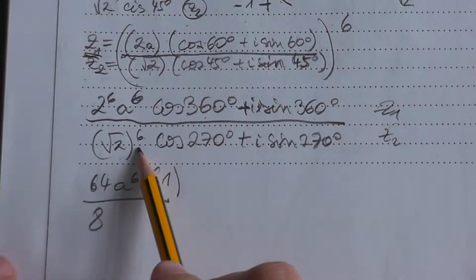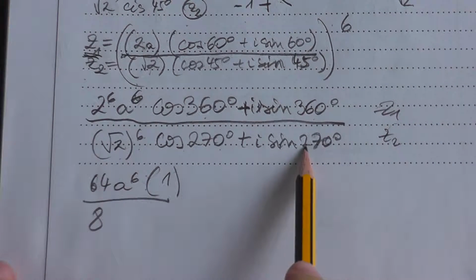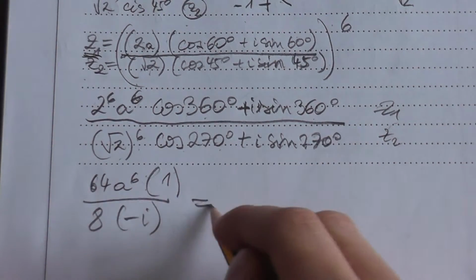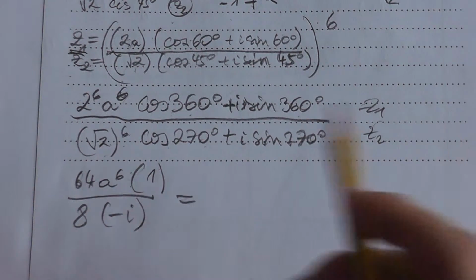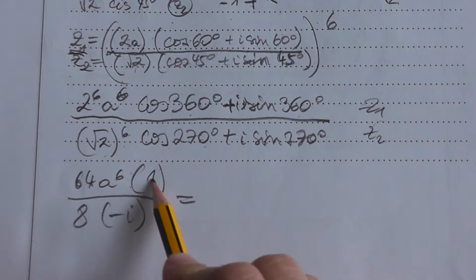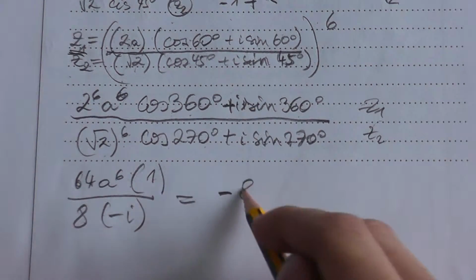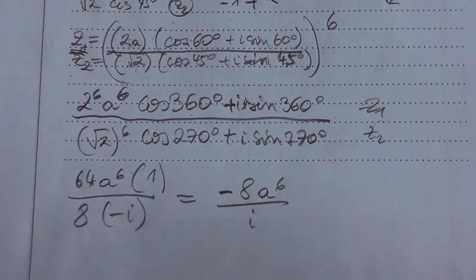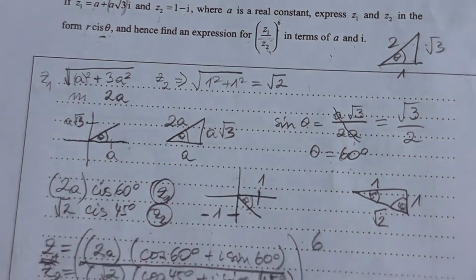There is no a here, that's nice. Cosine of 270 is 0, and sine of 270 is minus 1, so we get minus i. And then notice this is going to fall out nicely too, so you know you're on the right track. The 1 obviously goes away, this is going to become minus 8a to the 6 over i. And that is your answer to this problem here. We have given it in terms of a and i.